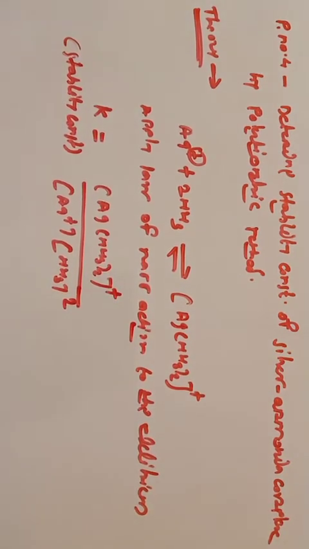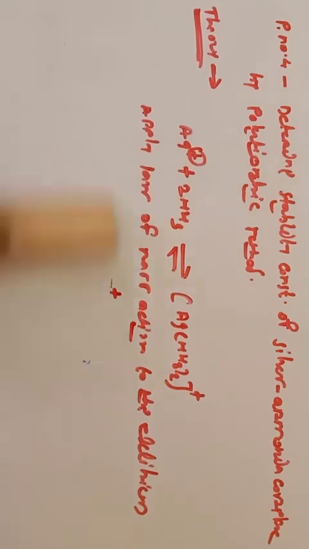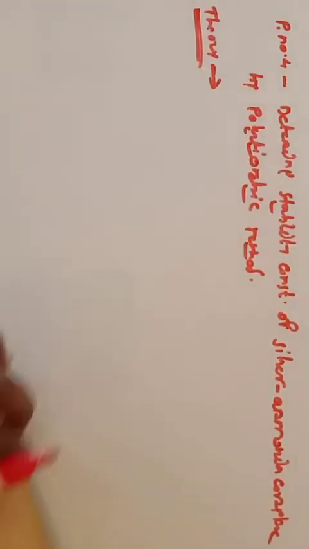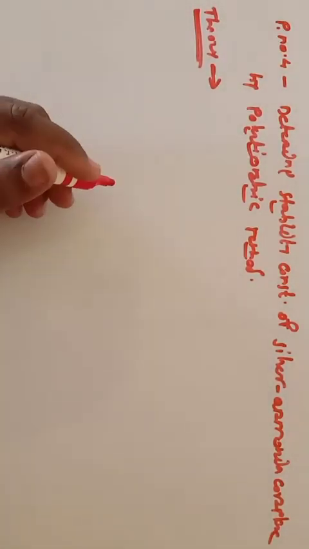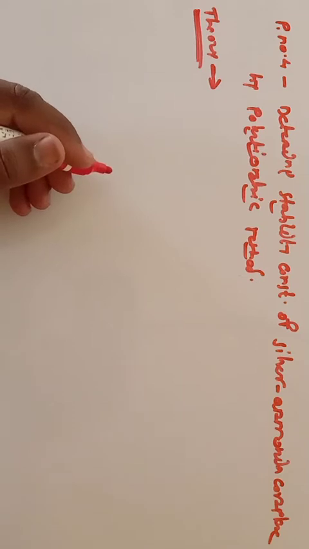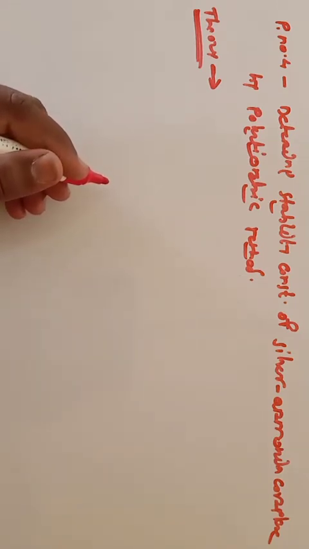And if you consider the complex ion is very much stable, whatever complex is formed by addition of the silver ions and the ammonia is very much stable, but it dissociates to some extent with formation of free silver ions.